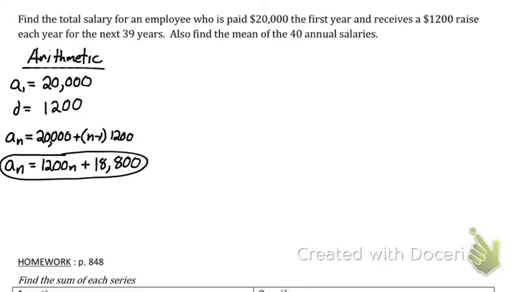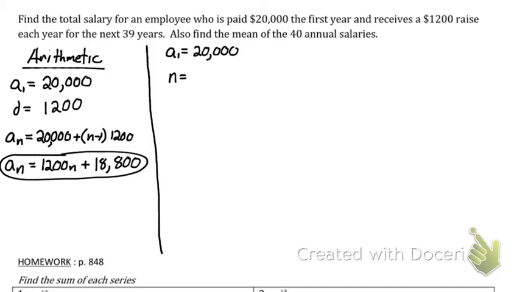Maybe I would continue working on this side, but I'm going to switch over to here to see what we got. So we know that the first term equals 20,000. What did I say our n was? What would our n be on this one? I said it before, I shouldn't have.